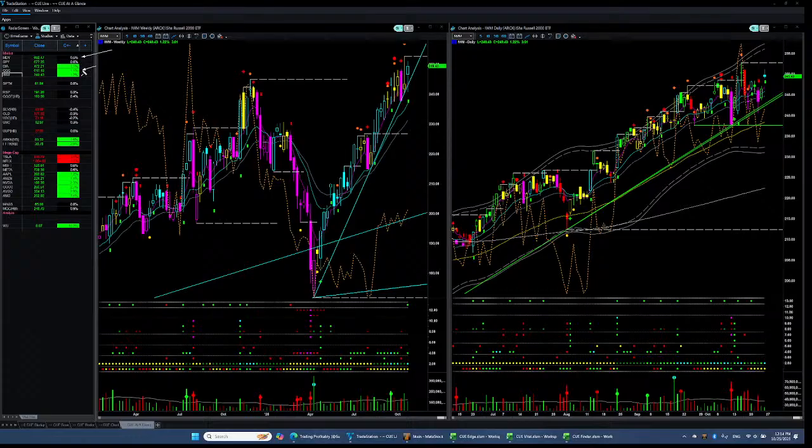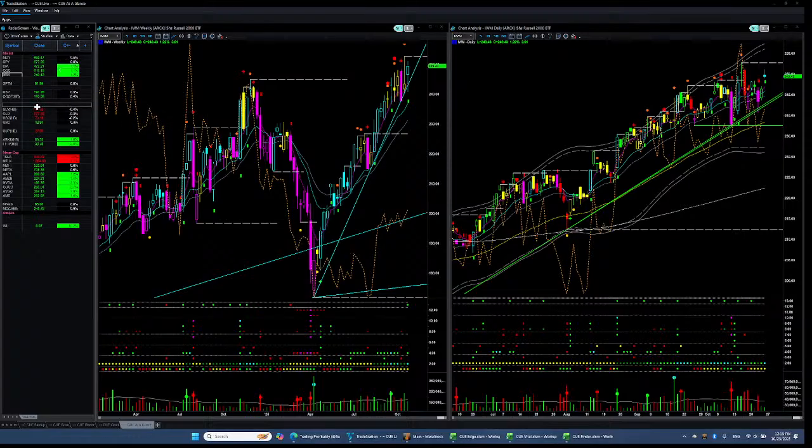Then look at the equal weighted ETFs: RSP, equal weighted S&P 500, just 0.3 percent up, whereas SPY was 0.8% up. A difference of 0.5%, that is not small. QQQ equal weighted, QQQE, 0.4% up, though QQQ was 1.1 percent up. That is a 0.7% difference, not insignificant by any means.